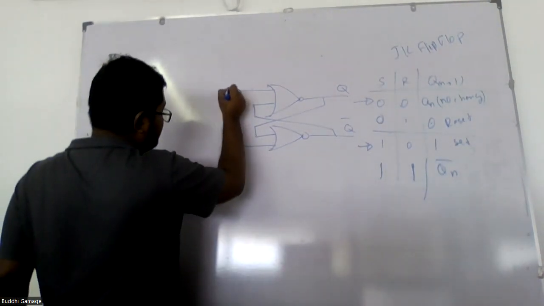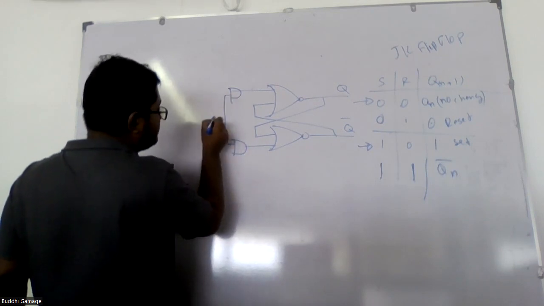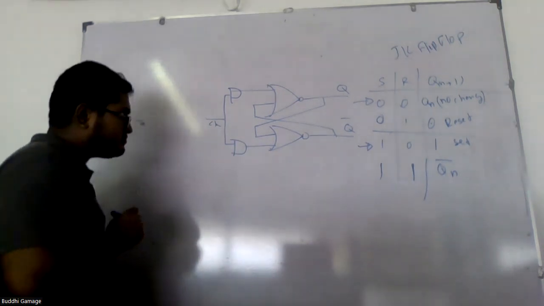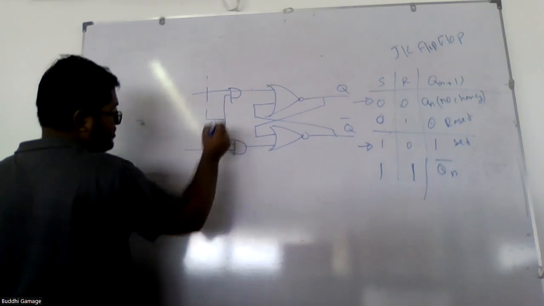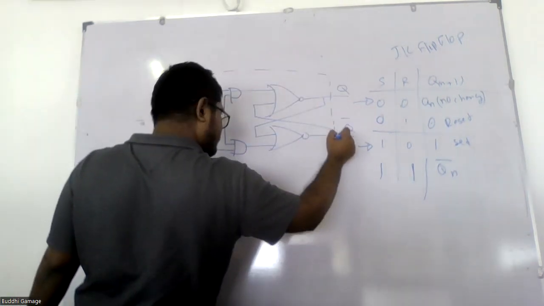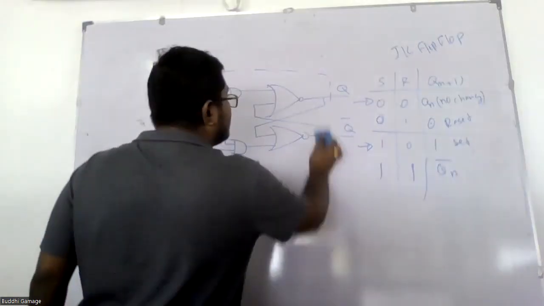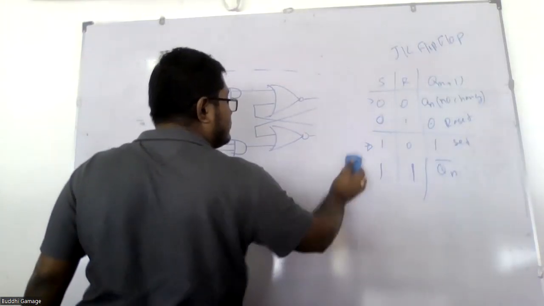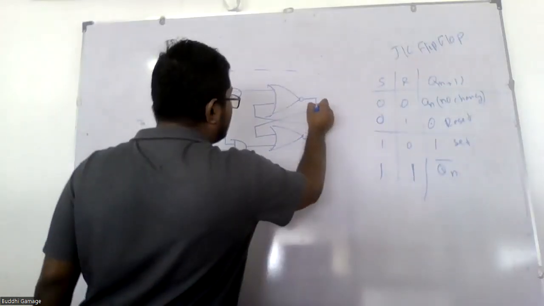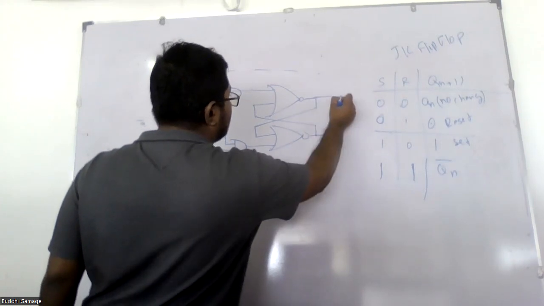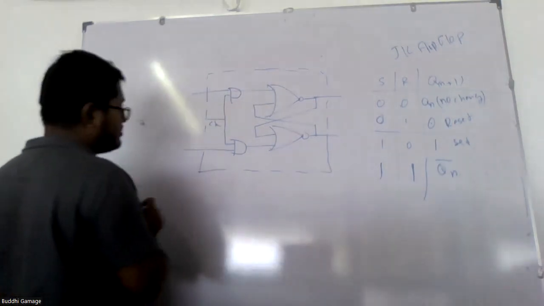In the JK flip-flop, this is our clock. So this is our SR flip-flop, right?